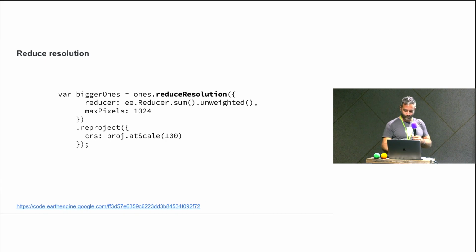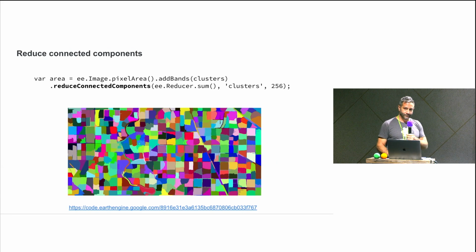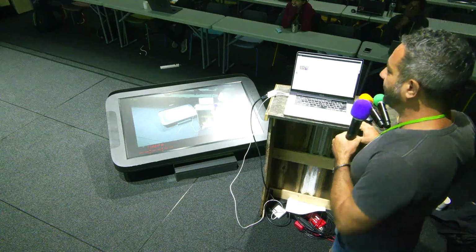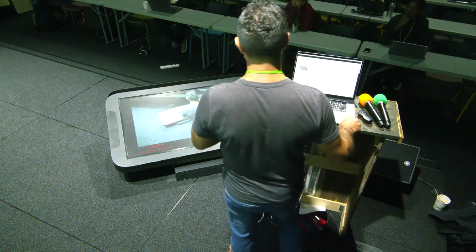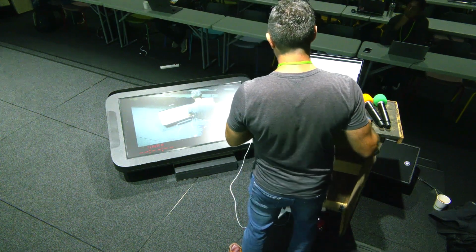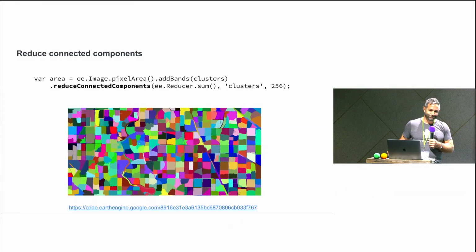Yes? For that last parameter for reduce connected components, is there actually a max, or can that just be set to anything? That's a fantastic question. I vaguely recall complaining and getting that raised to 512, but I'm not sure what it is.